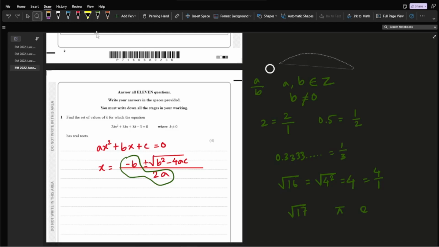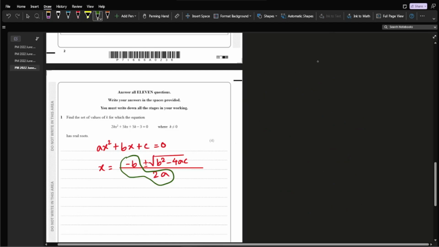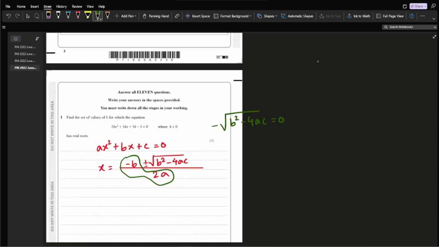Now this part is always rational. The only thing that determines whether the solutions, the values of x, will be real, imaginary, rational, different or same is determined by this part, b squared minus 4ac. If b squared minus 4ac equals 0, then the square root of b squared minus 4ac equals 0, and plus minus 0 is basically 0.